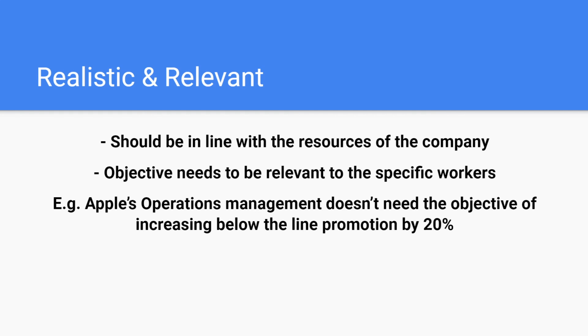That should be an objective for the marketing team, but not for the operation management. And that can also be demotivating as they do not want to know the goals of the others, and they have nothing to work for if they are just being told the goals of other departments.